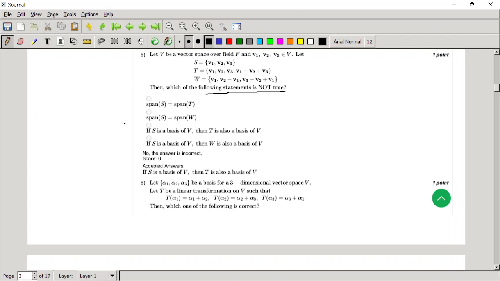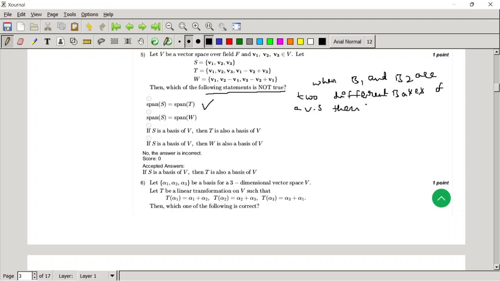So we can simply check that span of S equals span of T. And one more property I want to state here: when b1 and b2 are two different bases of a vector space, then the cardinality of b1 has to be equal to the cardinality of b2. We use this statement somewhere for the remaining options.